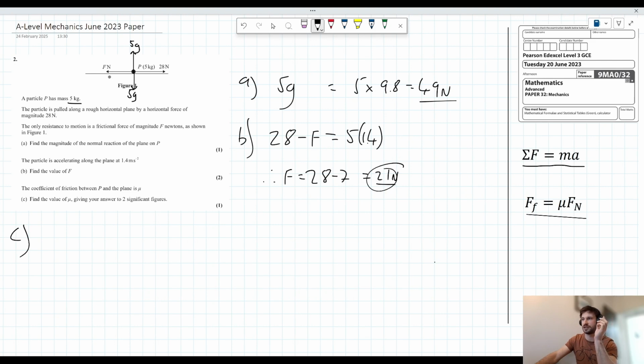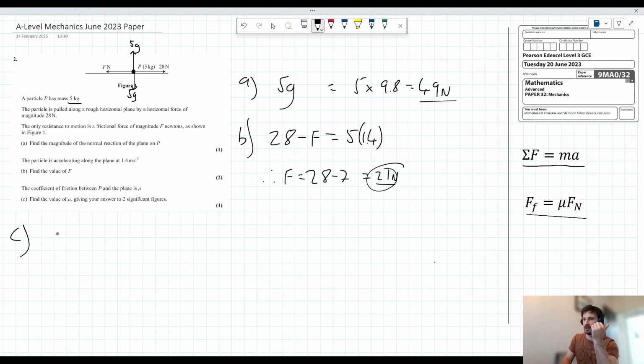So in this case, we understand that the normal force acting on the object here is 49 newtons. And we understand from part B that the frictional force acting on the object, or force F, is 21 newtons. So we can basically just fill in this formula.